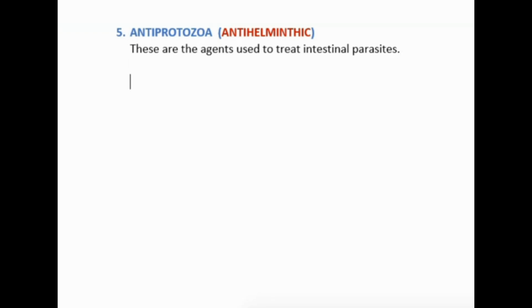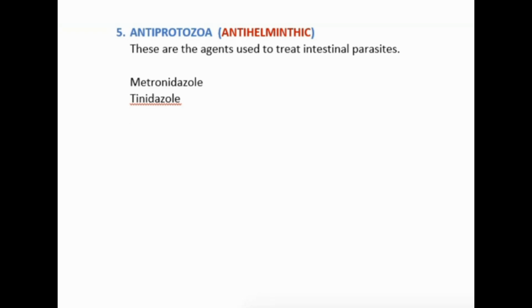The first one we have is metronidazole. Metronidazole is an antiprotozoa or anthelmintic. Okay, we also have tinidazole. Tinidazole is an antiprotozoa drug which is used to treat intestinal parasites like Giardia lamblia, roundworm, pinworm, threadworm, and whipworm.